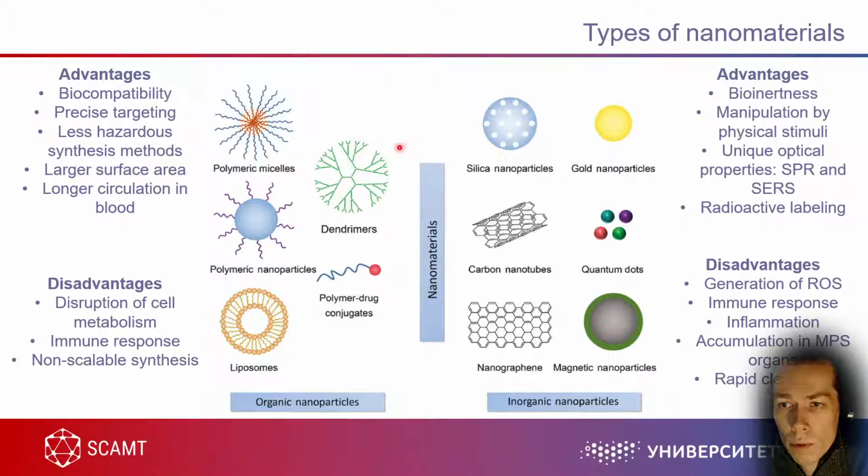And of course, since we are talking about different kinds of toxicity, we need to discuss advantages and disadvantages of both of these types concerning bioapplications. If we are talking about organic particles, the most important advantage is biocompatibility, because all of this is made basically of organic molecules which are naturally present in our organisms, like proteins or lipids or polymers and, well, maybe not dendrimers, but still a lot of these molecules naturally occur in our organism, and that's why these particles have an excellent biocompatibility.